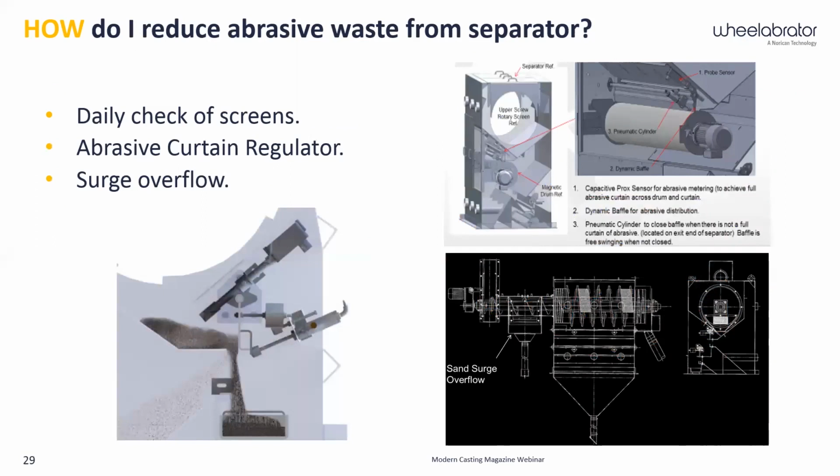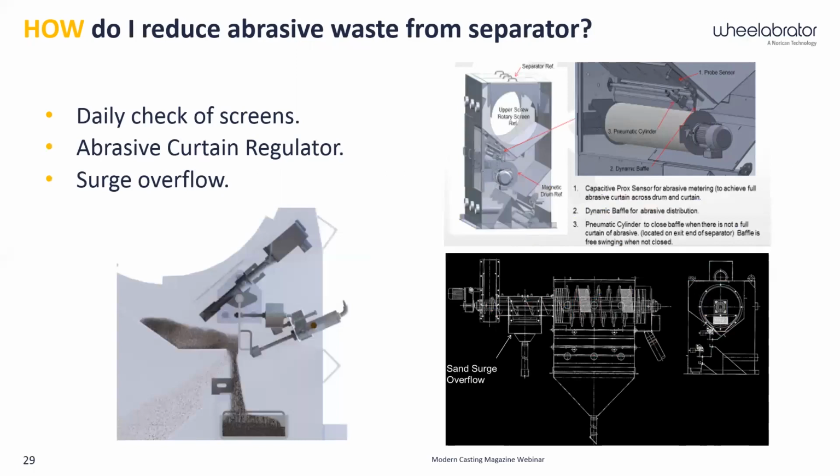It is a system that will make sure your swinging baffle is closed until the abrasive is all the way across the lip, so that when it opens up, you always have a full curtain maintained. If you were to have a surge, it'll actually back off and close down.